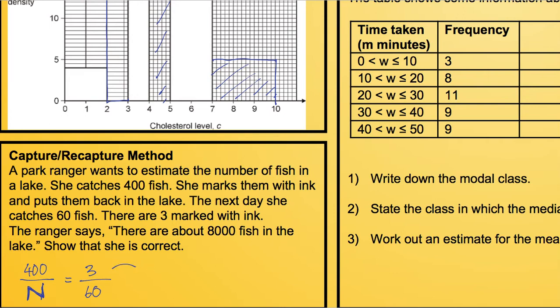Or actually, I would, in this case, 3 out of 60 I can see quite easily goes down to 1/20th, which scales up to times 400, and 20 times 400 is 8,000, and therefore 8,000 fish in the lake. So it's all to do with equivalent fractions. Ranger is correct.